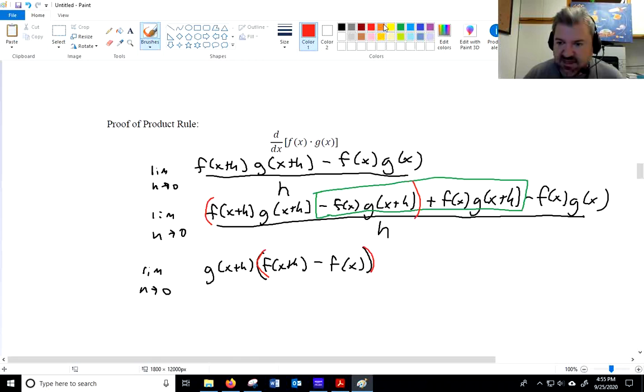And then on this next group, I have an f of x in common, so I'm going to factor it out. So let me color coordinate here. There and there, right? So let's factor out f of x. So I have plus f of x times, I'll use these parentheses so you see what's left over after I factor out f of x.